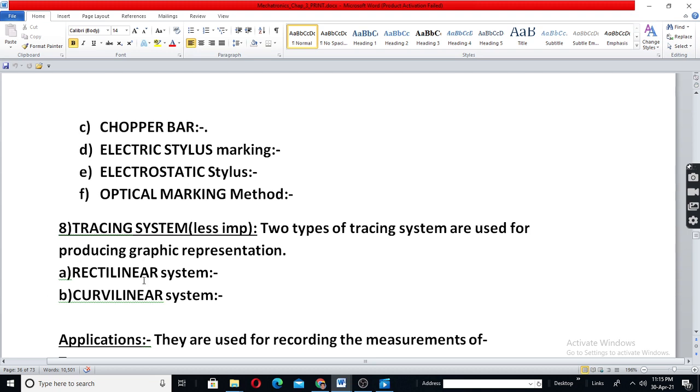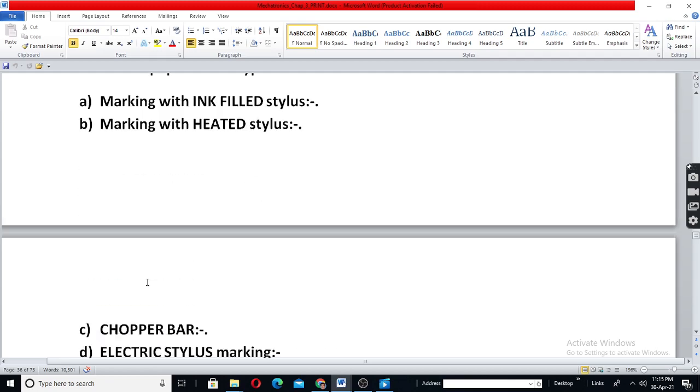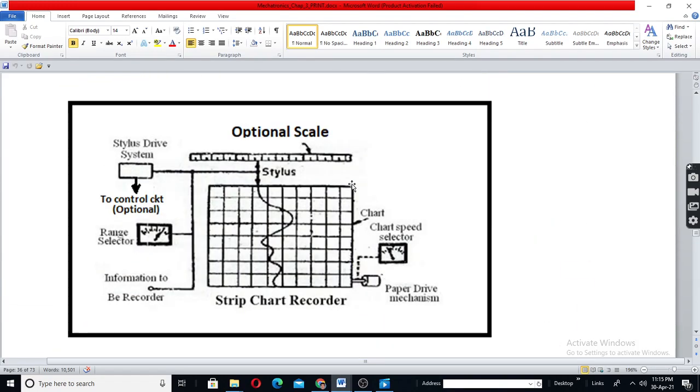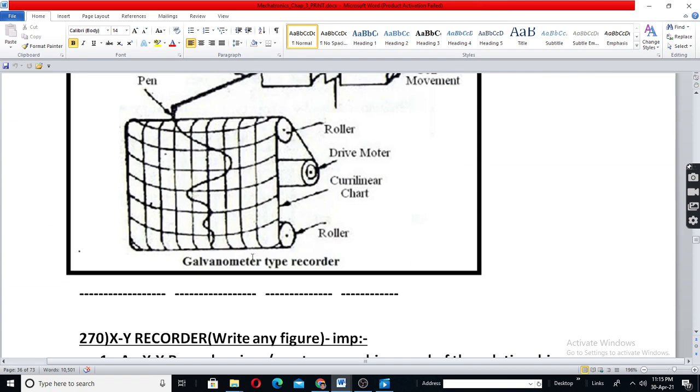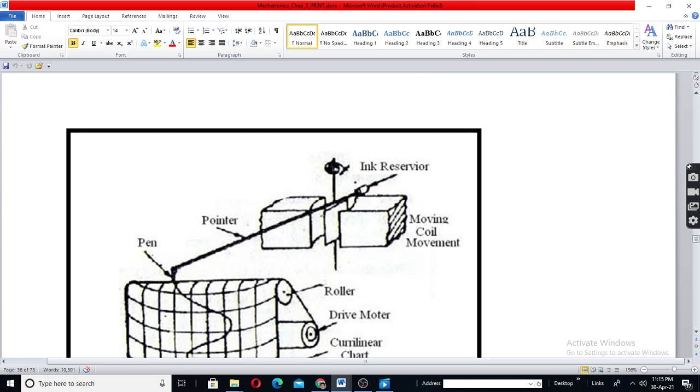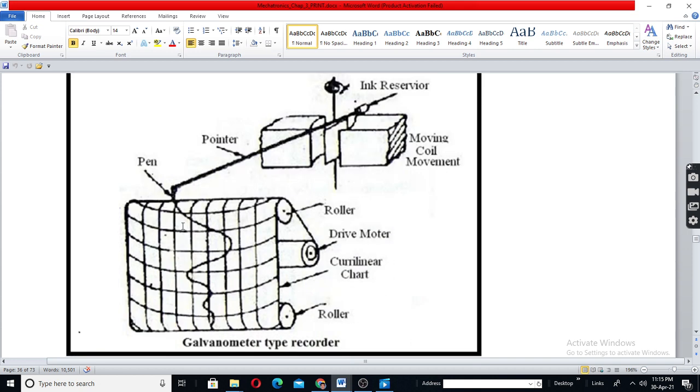Now the tracing system. It can be rectilinear or curvilinear. Rectilinear means the graph is rectangular. Sometimes the graph may be curvilinear. See, this is the curvilinear one. You can see the curve here, because this actually rotates.